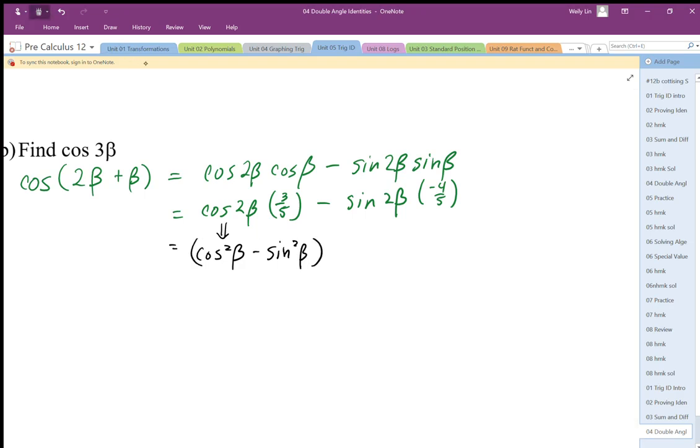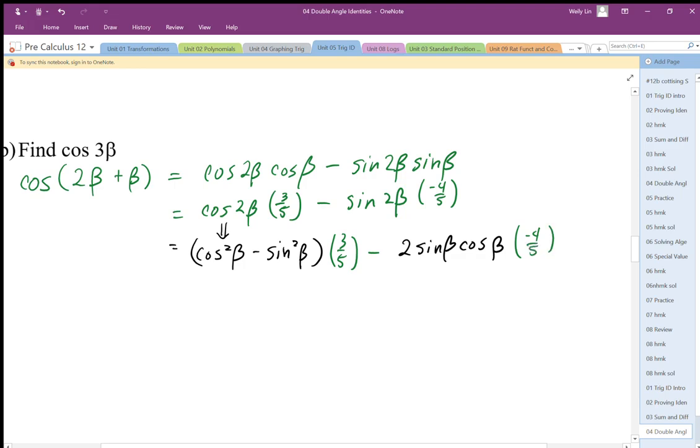I'm going to put in my 3/5 minus my double angle formula for 2 beta. Again, I go back to my formula sheet and do my 2 beta. And I'm going to write in my negative 4/5 just to keep track of that.